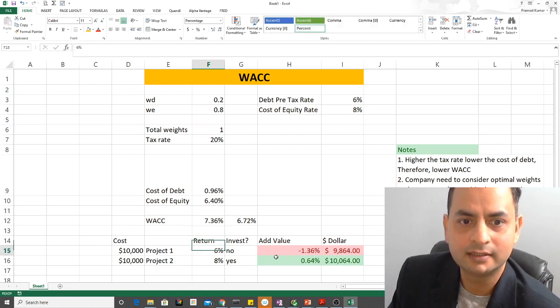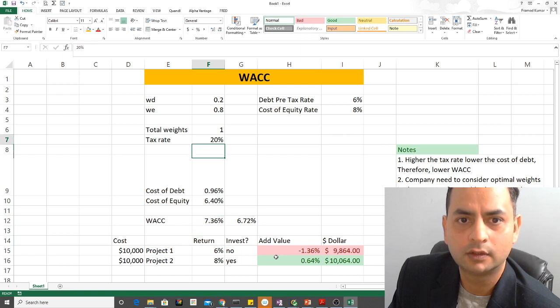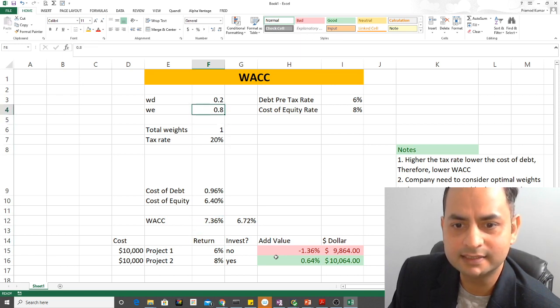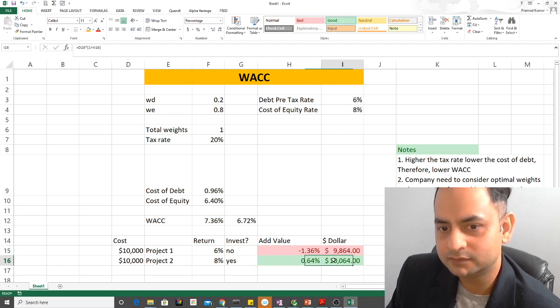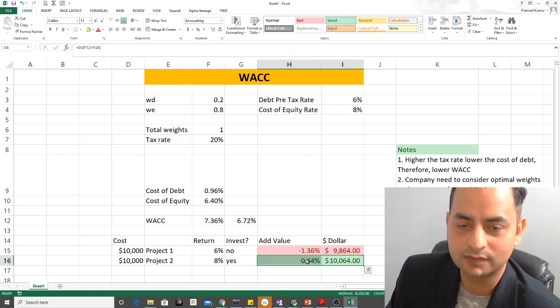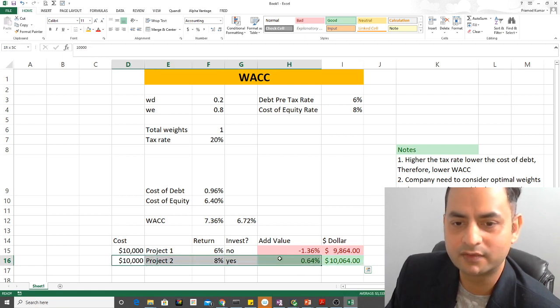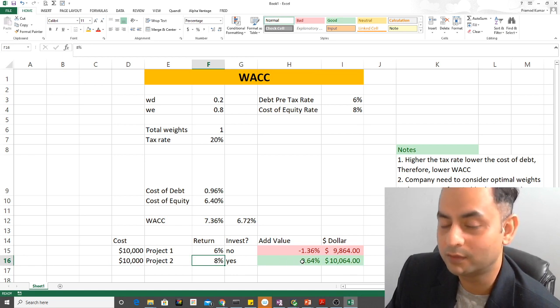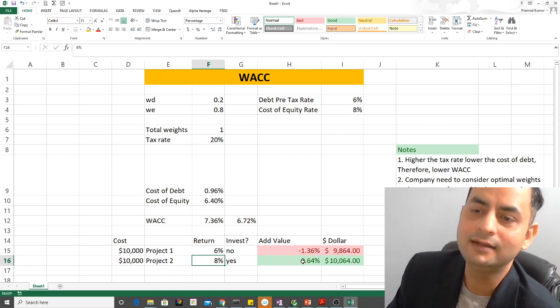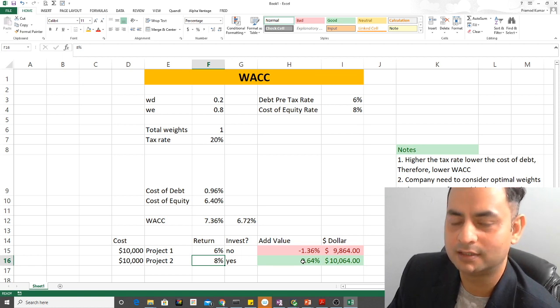Then for project 2 our cost is 7.36%. This is even worse: 1.36% losing, and this only adds value of 0.64%. Does it really make sense to do a lot of work for only 0.64% added value? These are the kind of questions company management thinks about and decides.